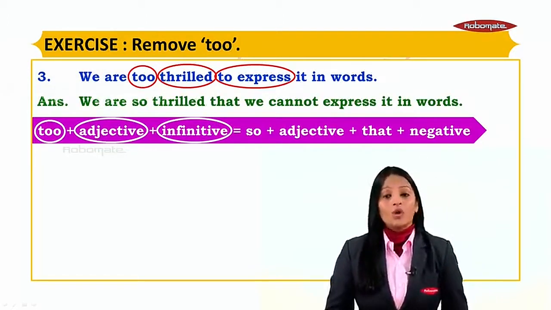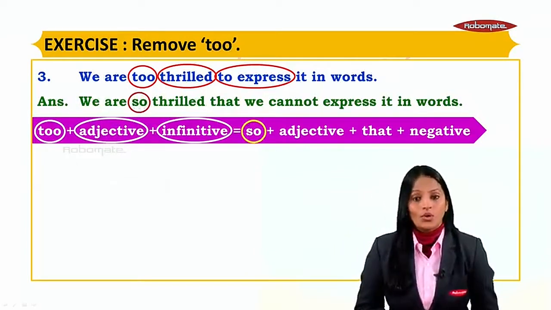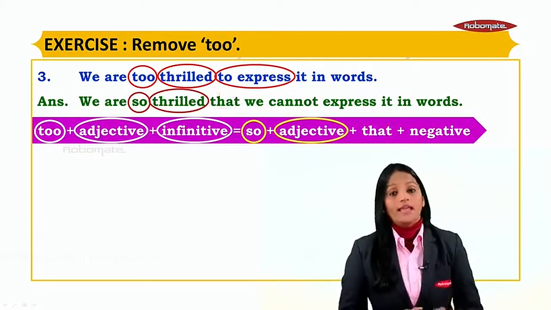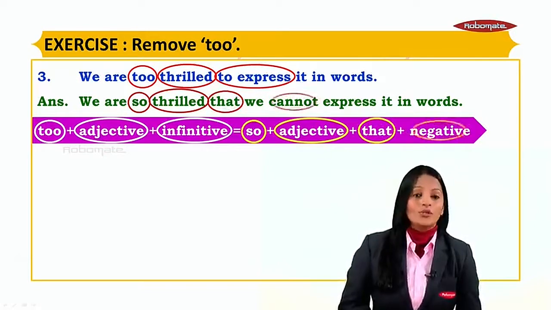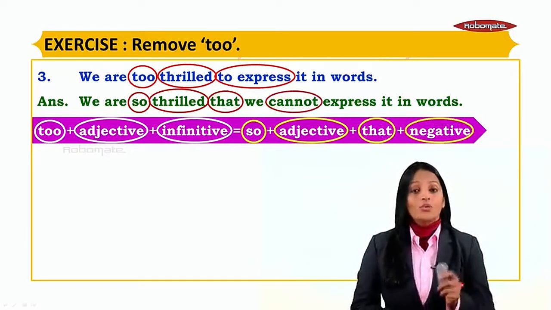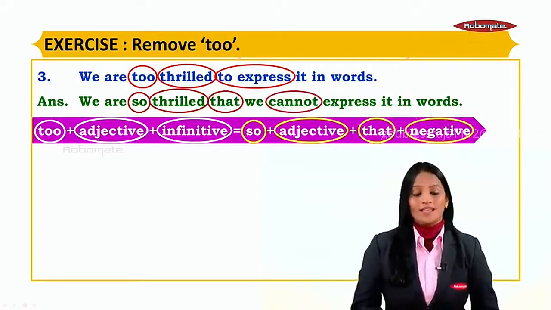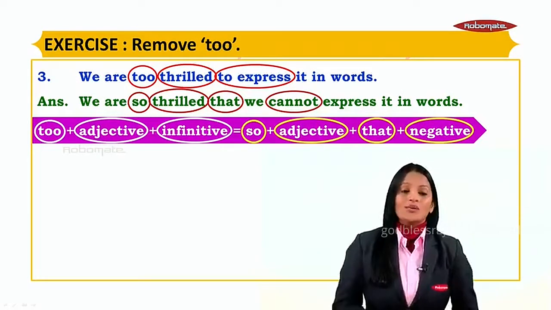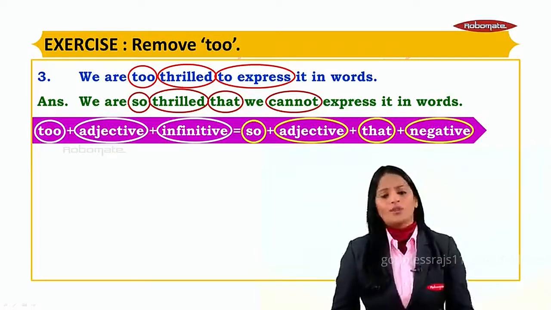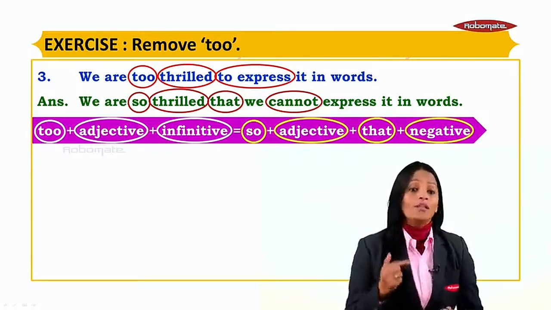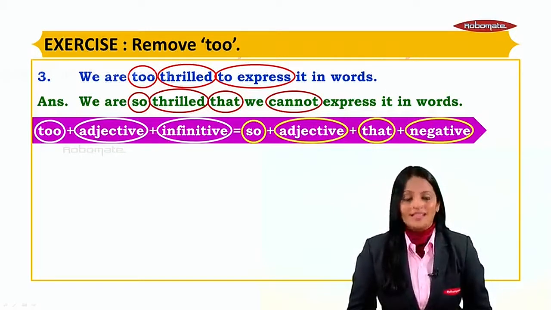So we are so thrilled. So here we get the "so", then the adjective thrilled, then the word "that", and of course we also have the negative. So we are so thrilled that we cannot express it in words. So students, you can see remove "too" is so simple if you know what are the options that you use to replace it. Thank you.